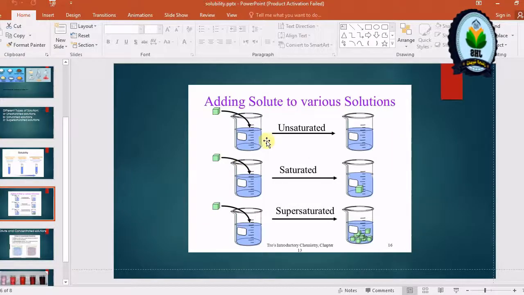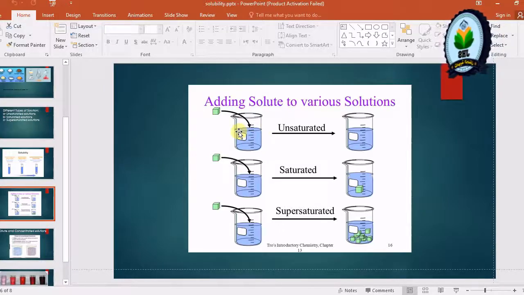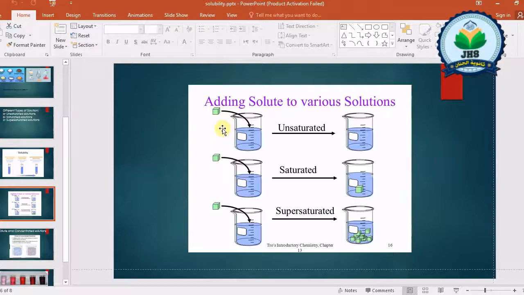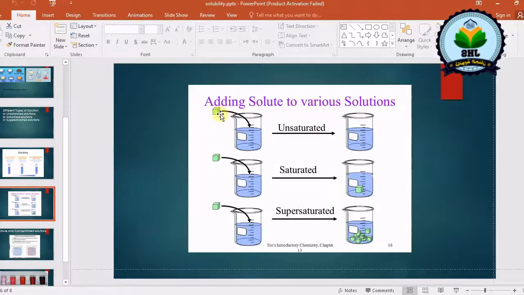This is another example, adding solute to various solutions. This is a beaker with a quantity of water. Let's say it's sugar and a cup of tea. First I add one particle of sugar.